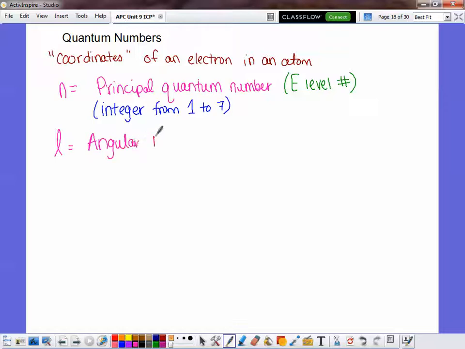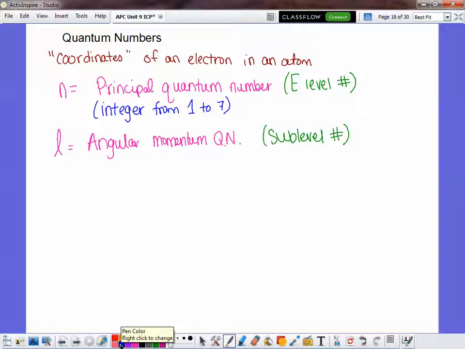This is all physics. I'm going to start abbreviating quantum number because I don't want to write that out multiple times. So that's the official name of it. Its nickname is the sublevel quantum number, or the sublevel number.